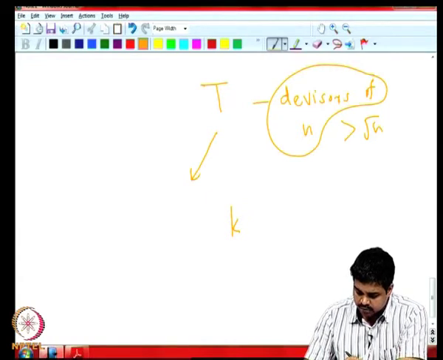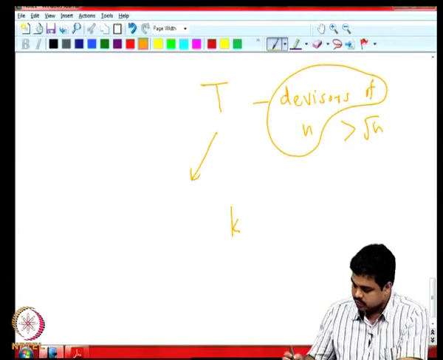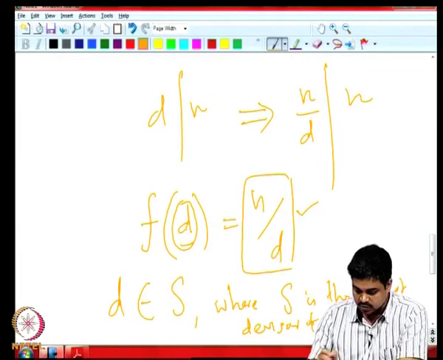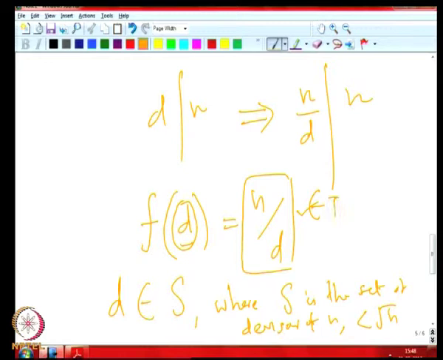We also had to note that this n by d belongs to T, because our function is defined from S to T. So, you see that this d is strictly less than root n, then n by d has to be strictly bigger than root n. Why? Because when d is root n itself, n by d will become equal to root n. If d was smaller than root n, then n by d has to be bigger than root n. That is why this is indeed a number which is a positive integer bigger than root n, right.